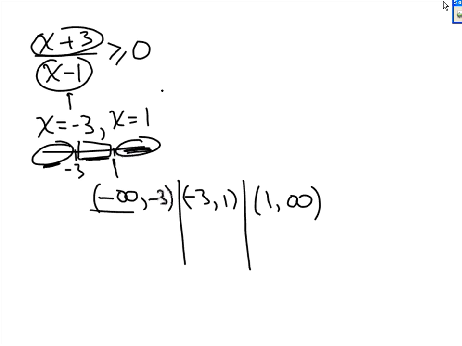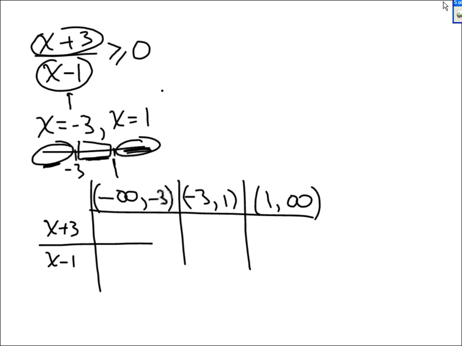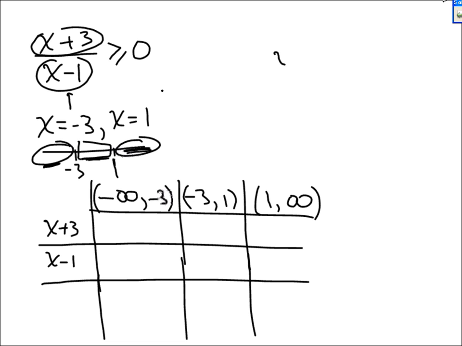And I want to know the plus and minus signs of the two factors in each of these intervals. The factors being x plus 3 and x minus 1. Oh, x plus 3. When is it bigger than 0?